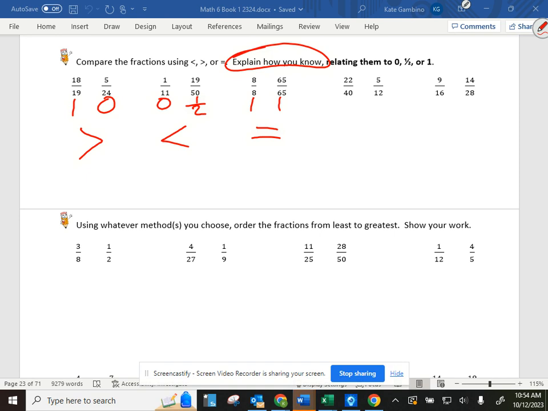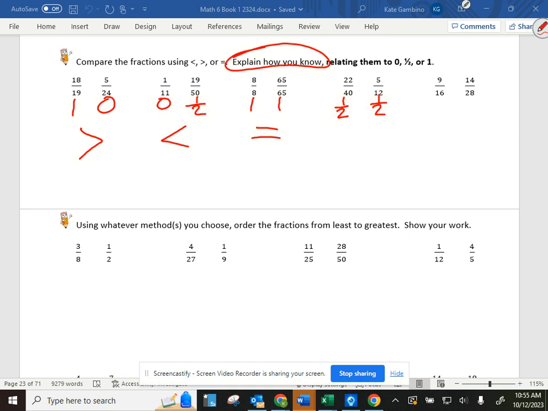All right, 22/40. 5/12. Ooh, but are they exactly a half? So we can't look at this and say it's an equal to, because 22/40 is not actually equal to a half, and 5/12 is not actually equal to a half.